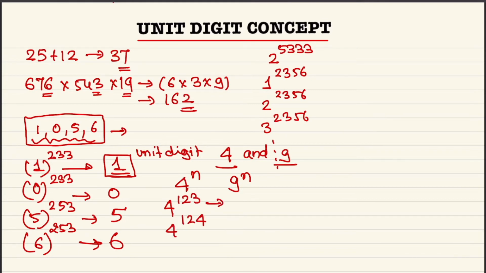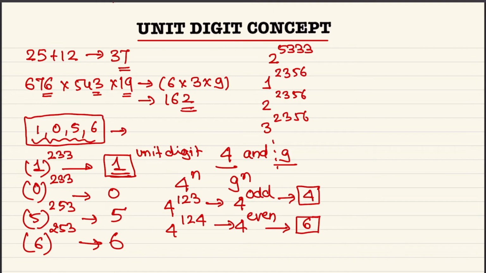Now look here, 123 is odd and 124 is an even number. When 4 is raised to any odd power n, the answer will be 4. When 4 is raised to any even power, the answer will be 6.